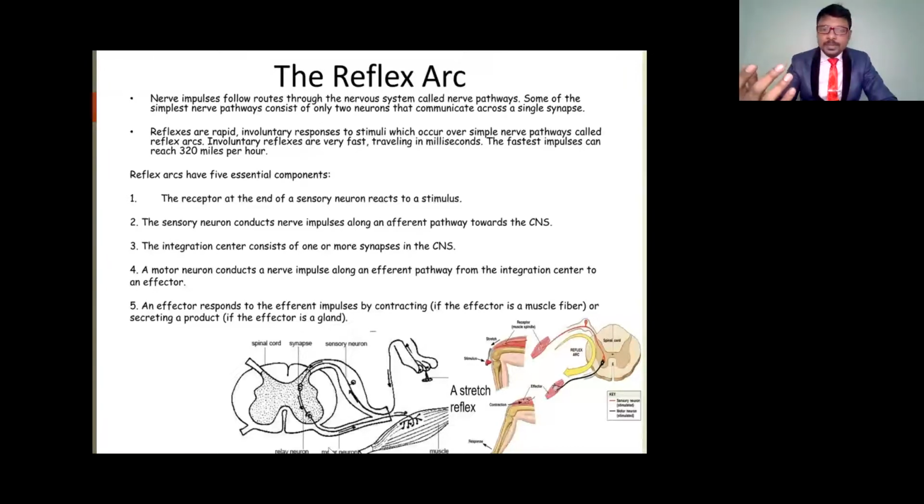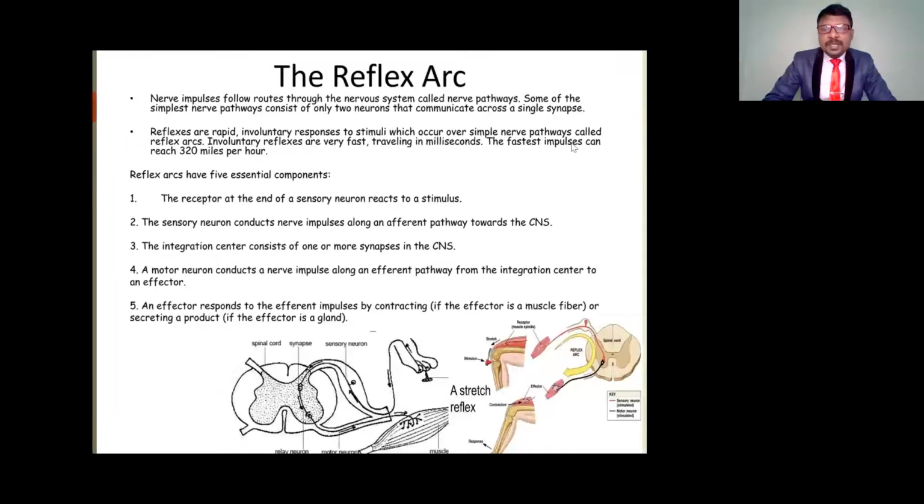That is your response. These responses are lost if any reflex component is missing, either afferent, motor or any center. If anybody has damage, they may lose the stimulus and they may lose the response.